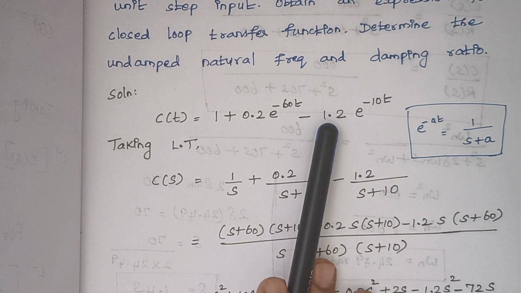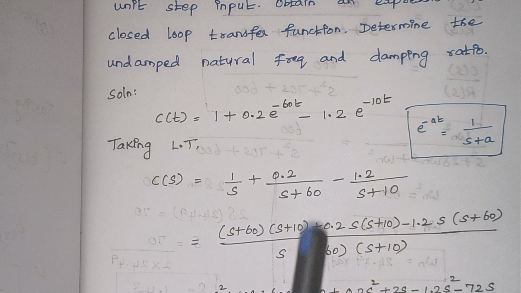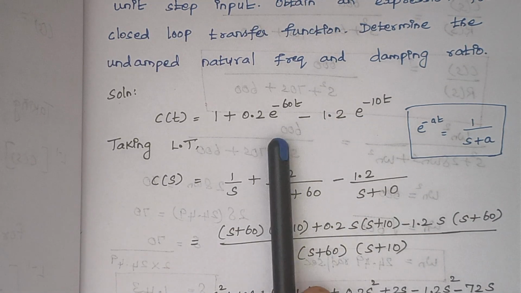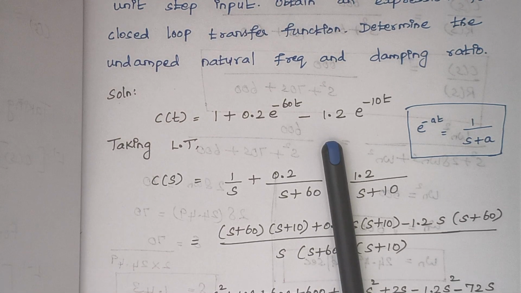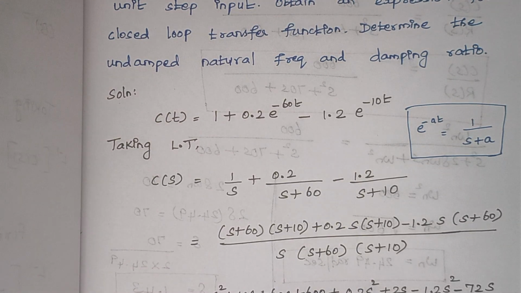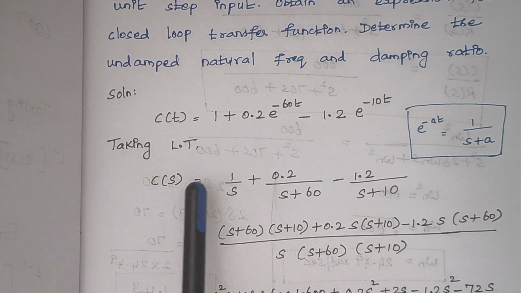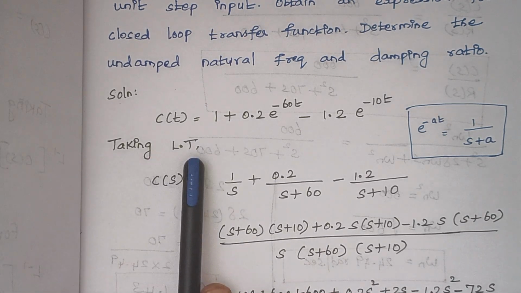So, the first step is we are asked to find closed loop transfer function. In order to get closed loop transfer function, what is the general format? It is C of S by R of S, that is output by input. So, here I am taking Laplace transformation.